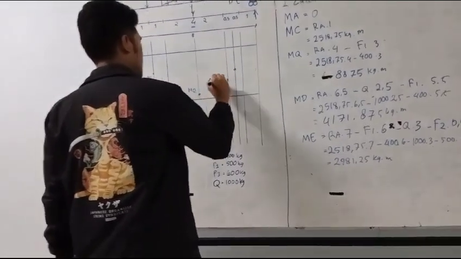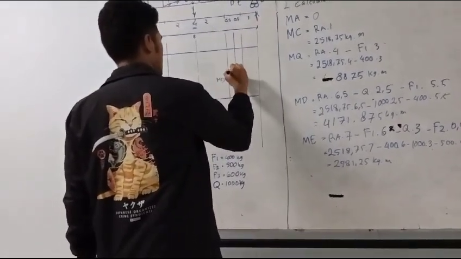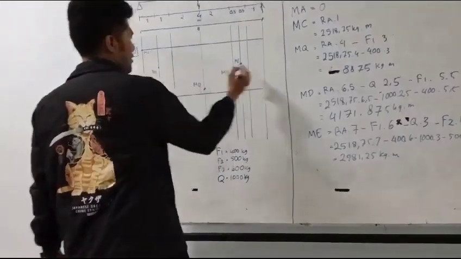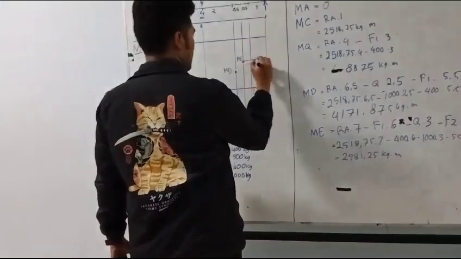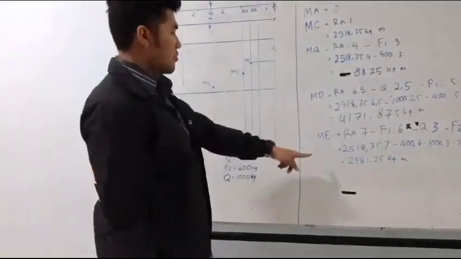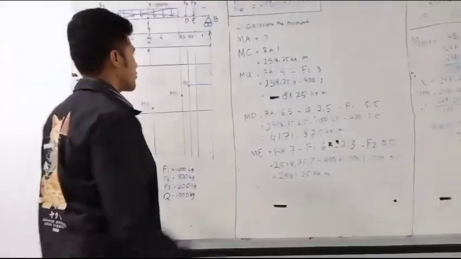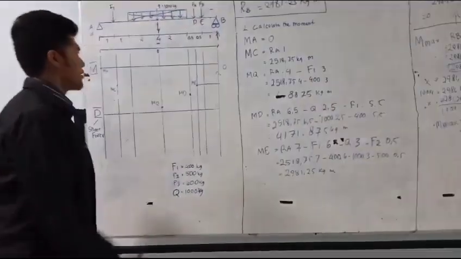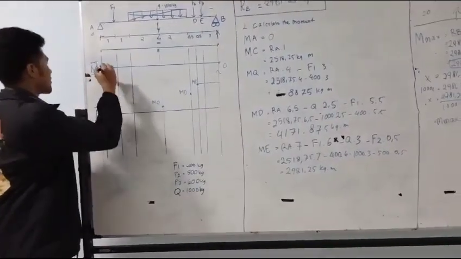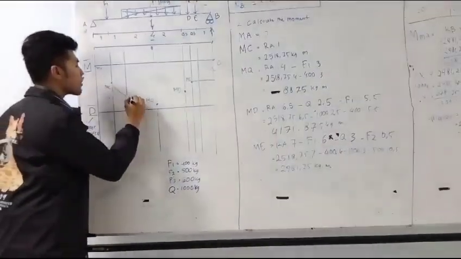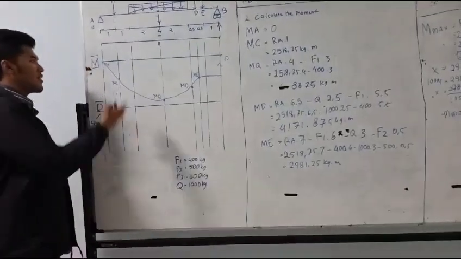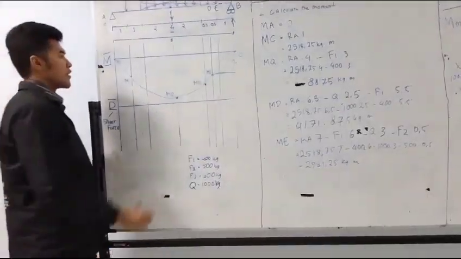We draw it like this, going up, because ME is equal to MB, which is 0. This is then the correct calculation. Because it is on the bottom line, it's going to be plus.